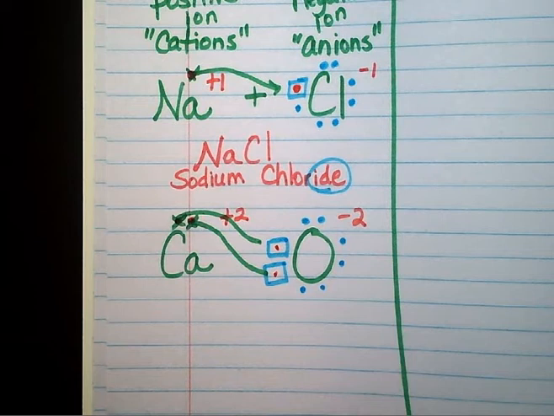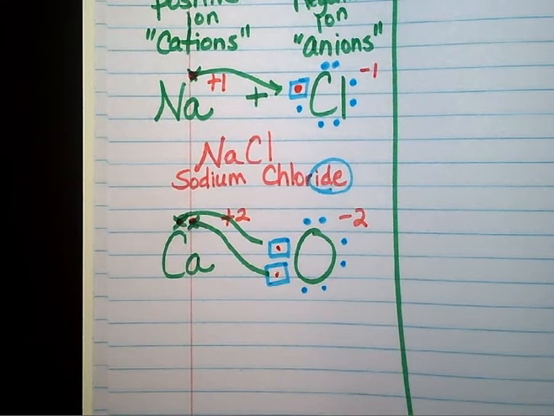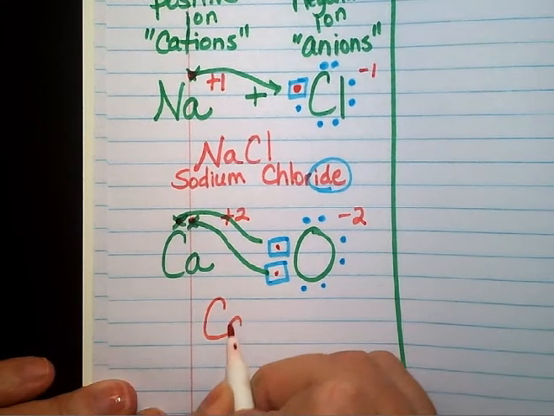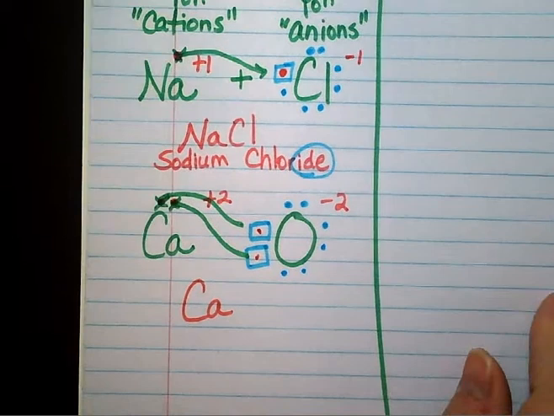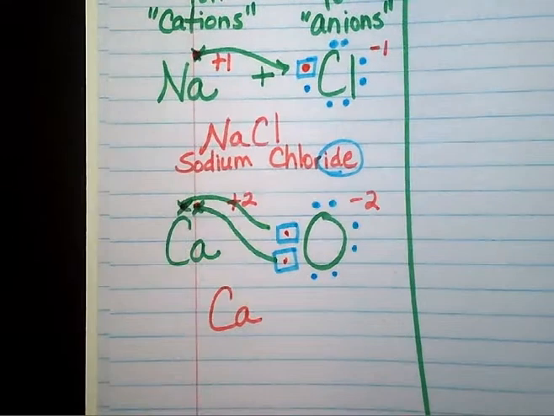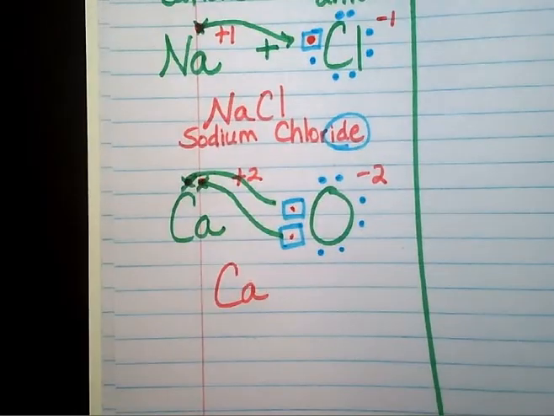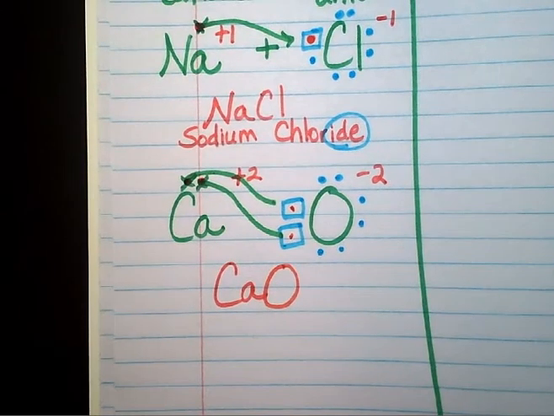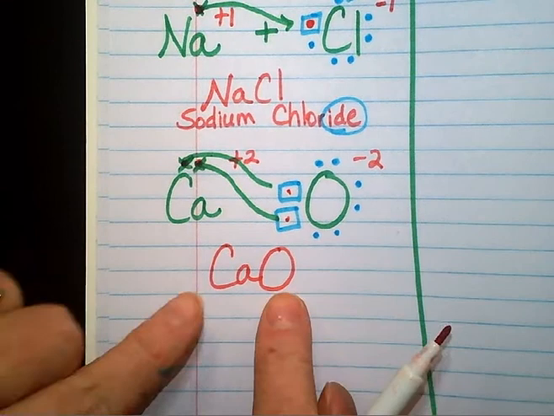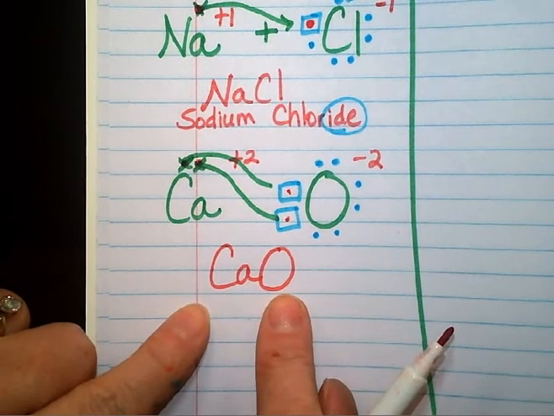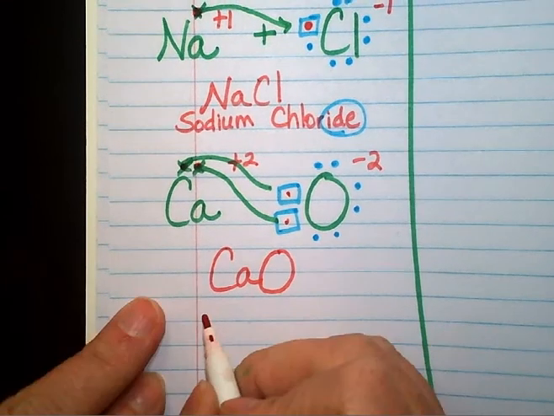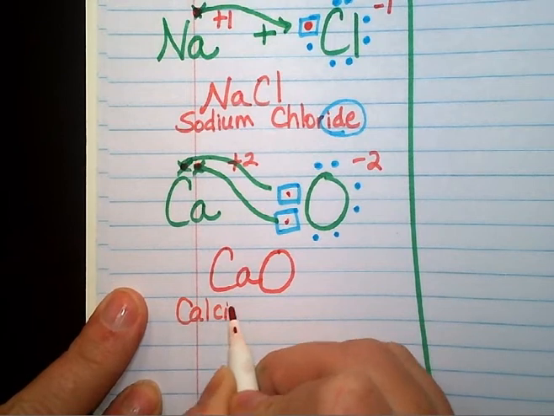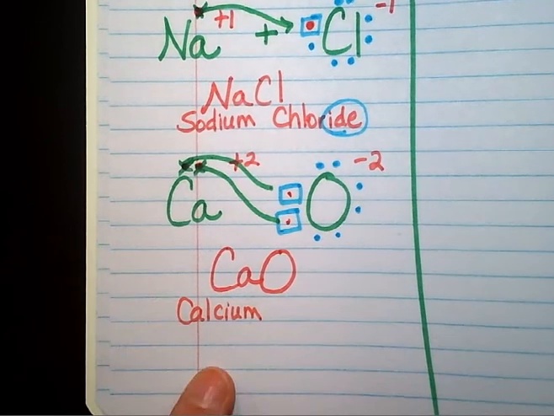And when I name this compound, when I write the chemical formula, I'm going to write calcium, big C, little a. And then oxygen goes the next letter like this, with a big O. That's how we write a chemical formula. Each capital letter tells you you're dealing with a new element. And when we name it, we call the metal at the beginning calcium.